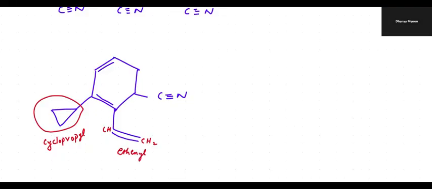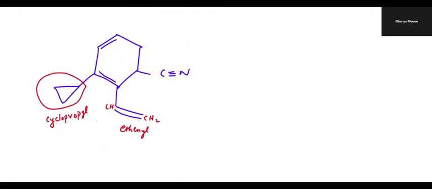Because the functional group is directly connected to the ring, we will use the term carbonitrile. First we write down the names of the substituents and first we number it. This is the first carbon atom, this is the second because there is a substituent present, the third, fourth, fifth, and sixth carbon atom.